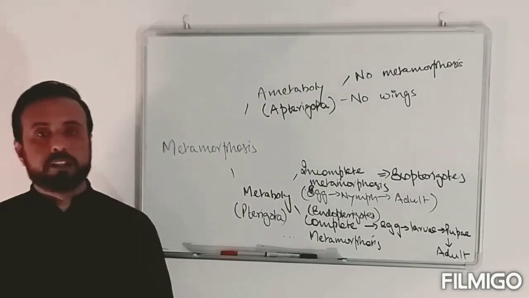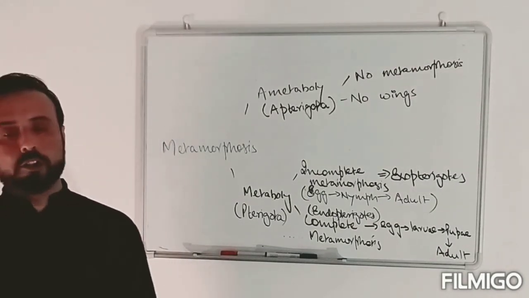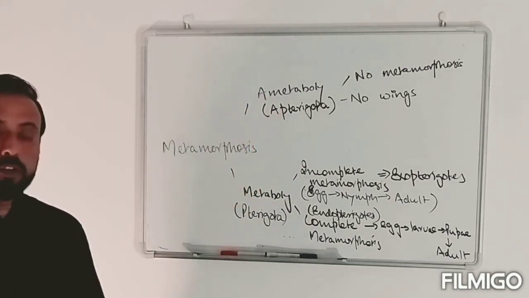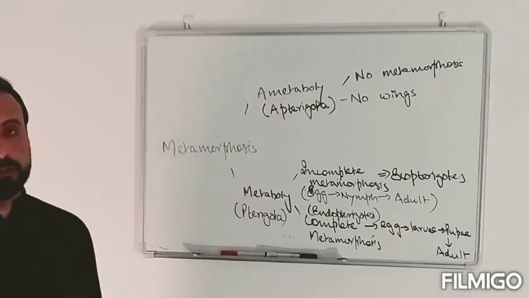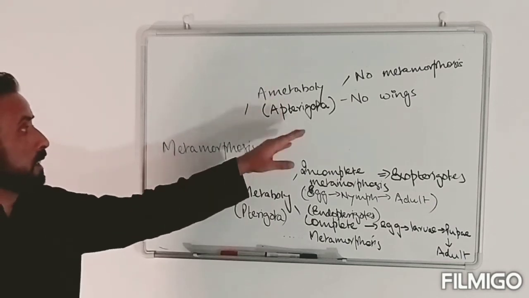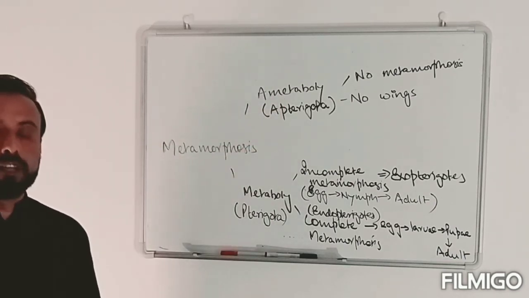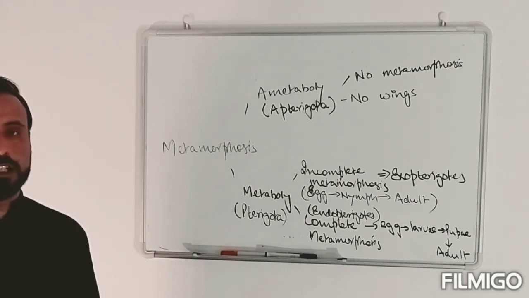Now, based upon the metamorphosis, the insects can be divided into 2 categories. One will be ametabolic, and one will be metabolic. Ametabolic are also called apterygotes because they do not have wings throughout their life cycle.